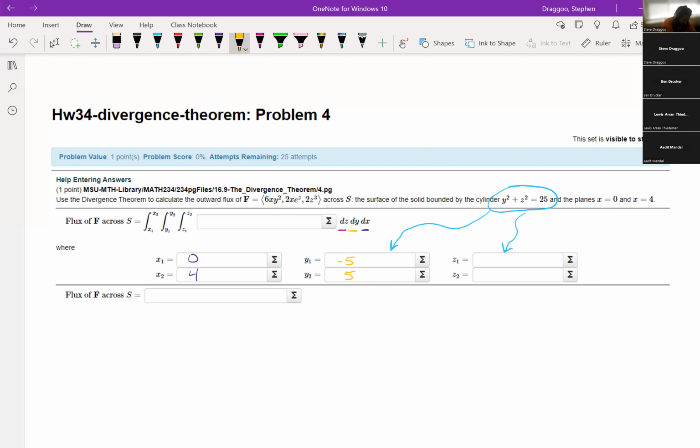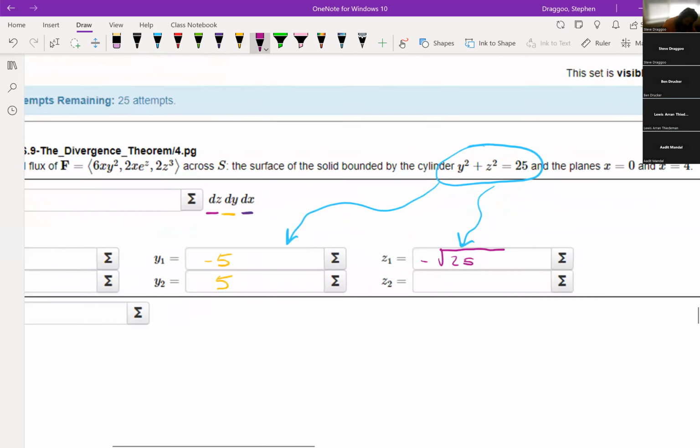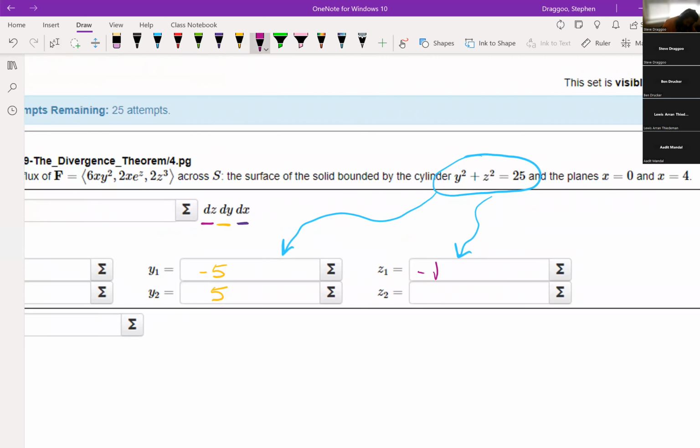We're going around this whole surface here, so the whole circle's fair game. So z should just bounce back and forth between the positive and negative square roots. So negative square root of 25 minus y squared, and square root of 25 minus y squared.